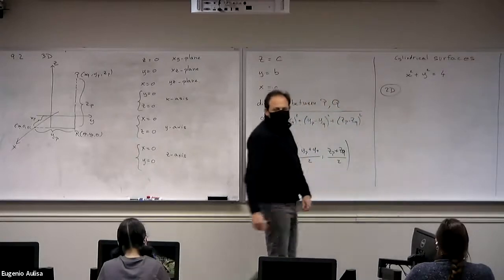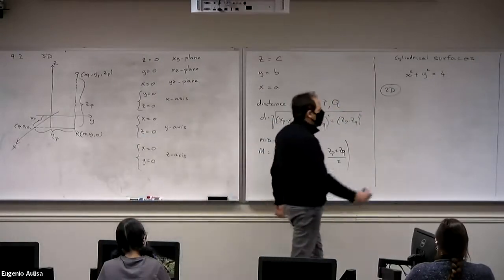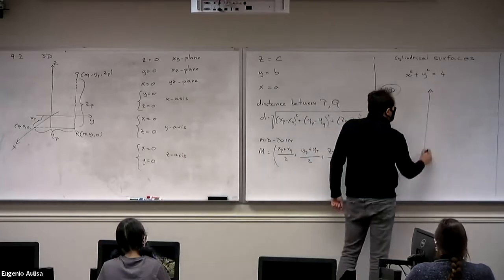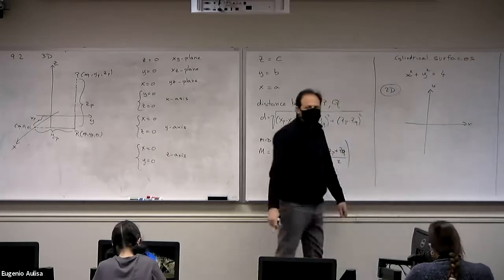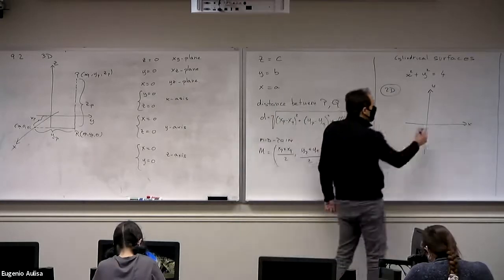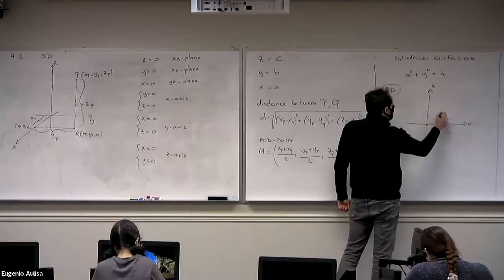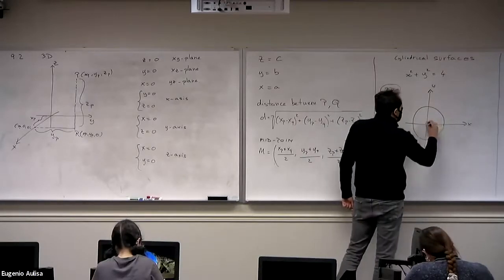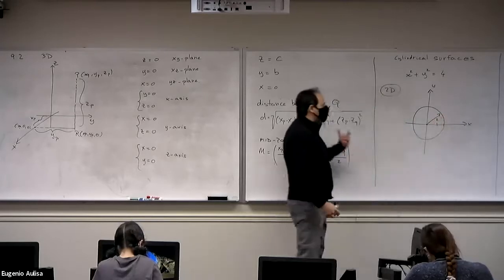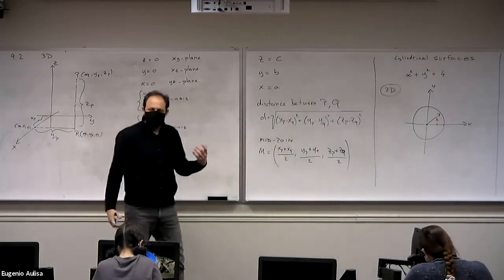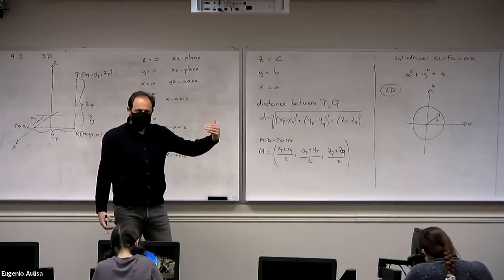What is that? A circle. That's radius. This is just a circle centered at the origin with radius 2. Everybody should know this, right? So the center of this circle is at the origin, the radius is 2, so it's going to be something like this. So we are in the 2D reference system where we only have the x and the y coordinates, right?